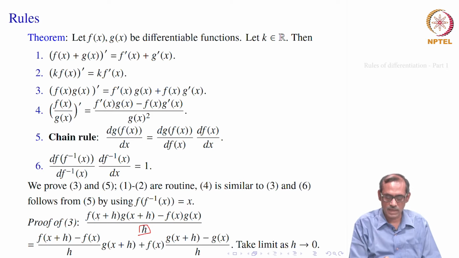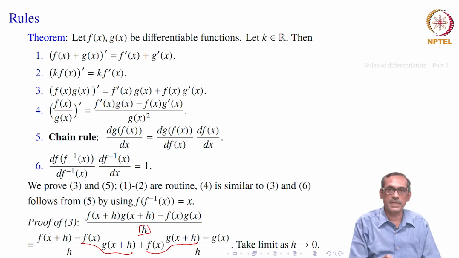Now, look at the numerator, f of x plus h into g of x plus h minus f x into g x. We will add and subtract something. We will subtract f x times g of x plus h and add f x times g of x plus h. Denominator is h, you divide it. So, you get f of x plus h minus f x by h into g of x plus h, plus f x times g of x plus h minus g x by h.